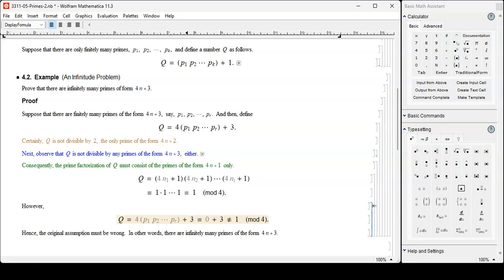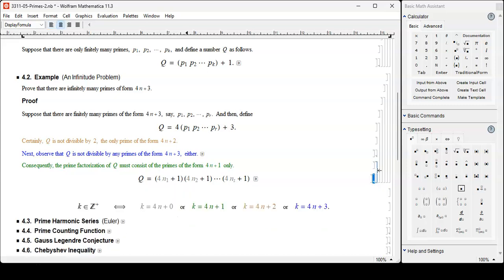So Q is congruent to 3, not 1. Which is right, 1 or 3? They're different. There goes a contradiction. Our original assumption must be wrong. Our original assumption that there are finitely many primes of the form 4n plus 3 must be wrong.